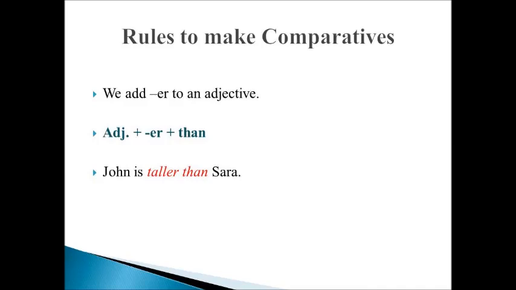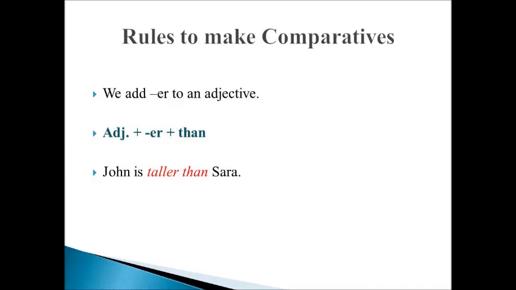The rule to make a comparative is to add er to an adjective. So we have an adjective, then we add er to it, and then we place than. Let's look at the example. John is taller than Sarah. We are comparing two people, John and Sarah.